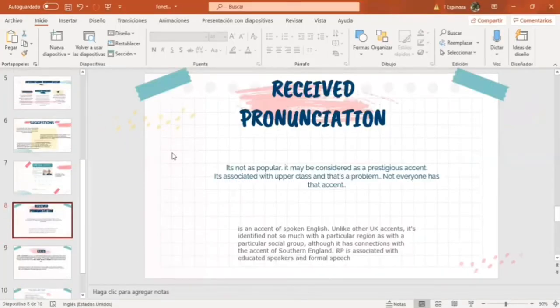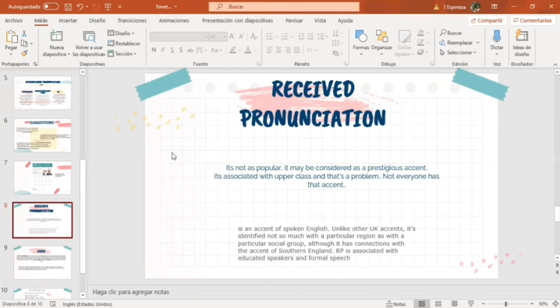The next is received pronunciation. Received pronunciation is not popular. It may be considered a prestigious accent. It's associated with the upper class, and that's a problem. It's an accent of spoken English, like other UK accents.